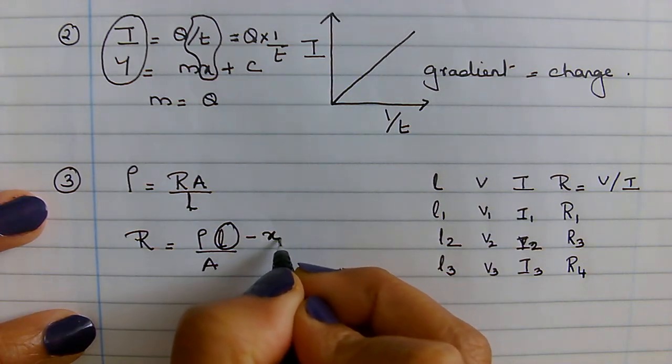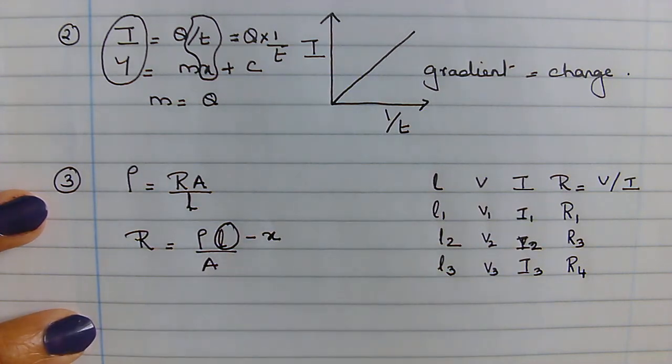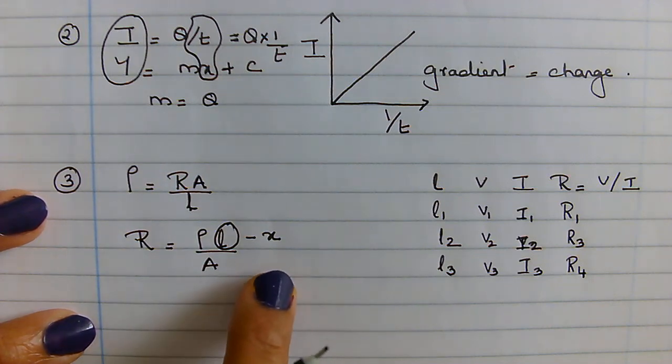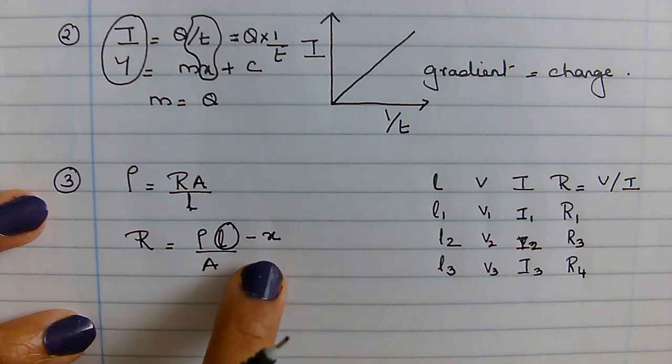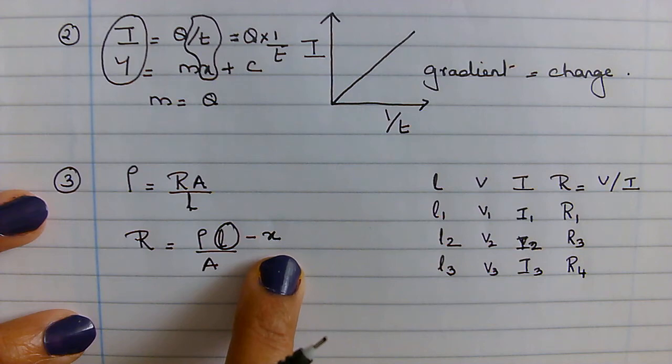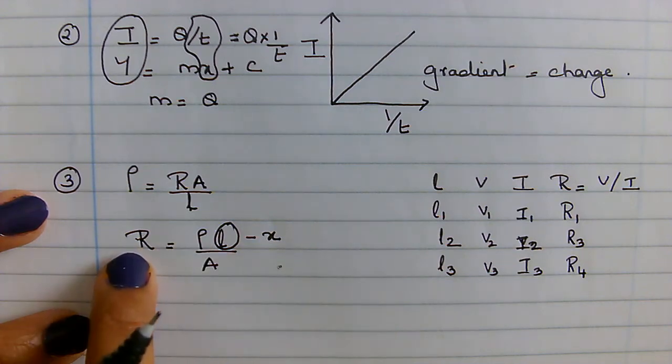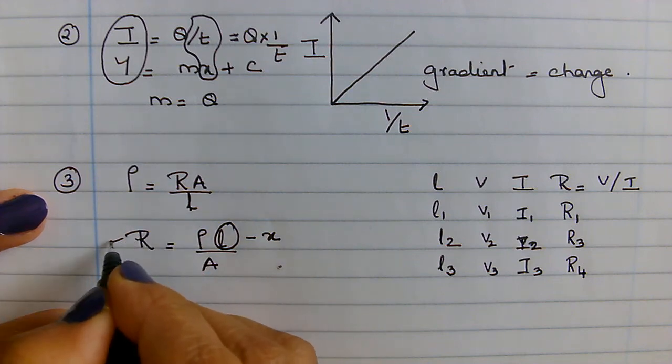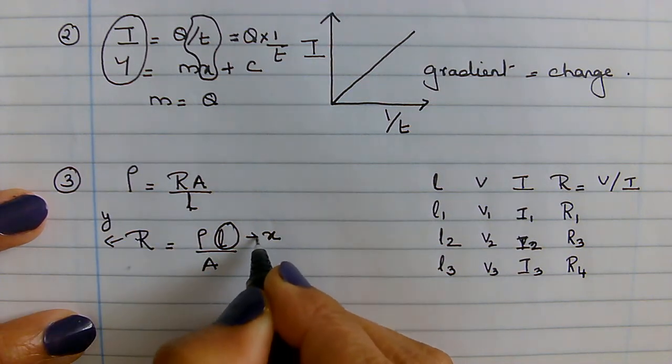So what we change generally goes to the x-axis. That is what the basic rule is. All the independent variable generally goes to the x-axis, but we don't see that in all the graphs. So say I'm taking what I changed, L, along the x-axis, and then the resistance that I calculated goes along the y-axis.